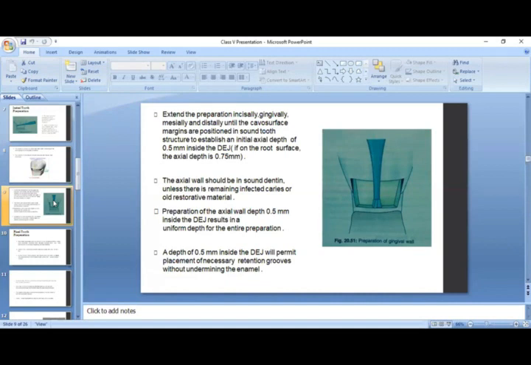Any questions up till now? Right, axial wall.